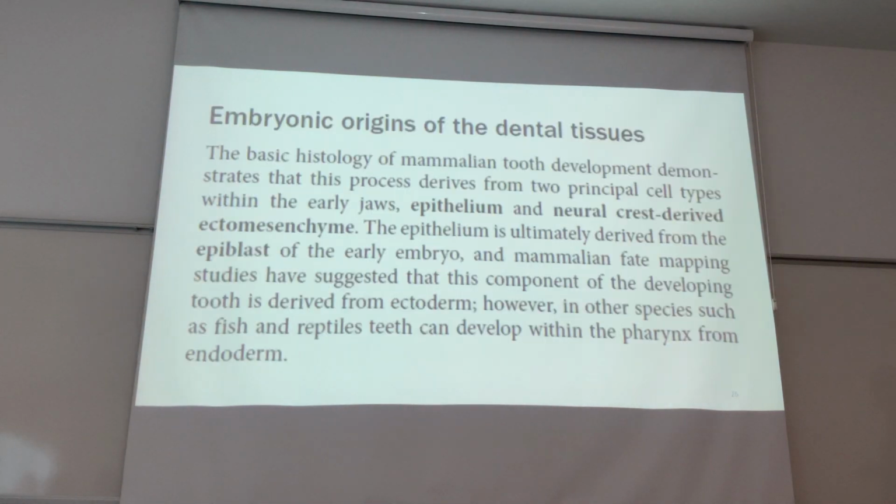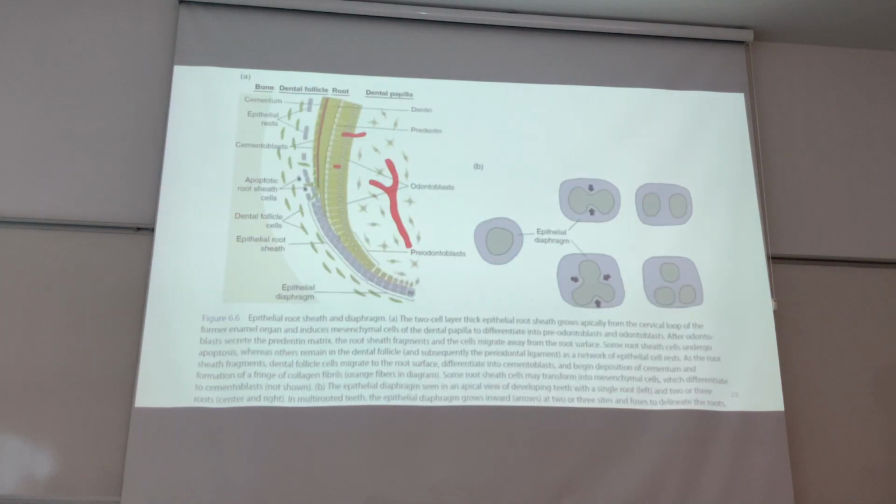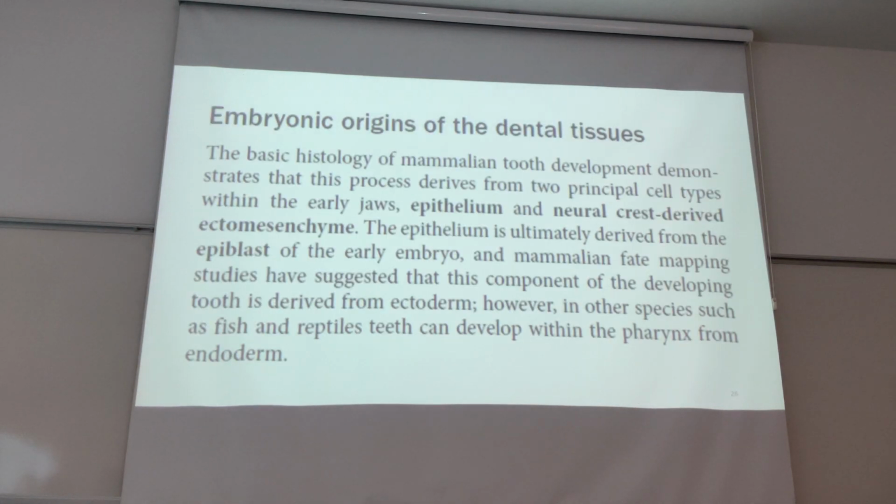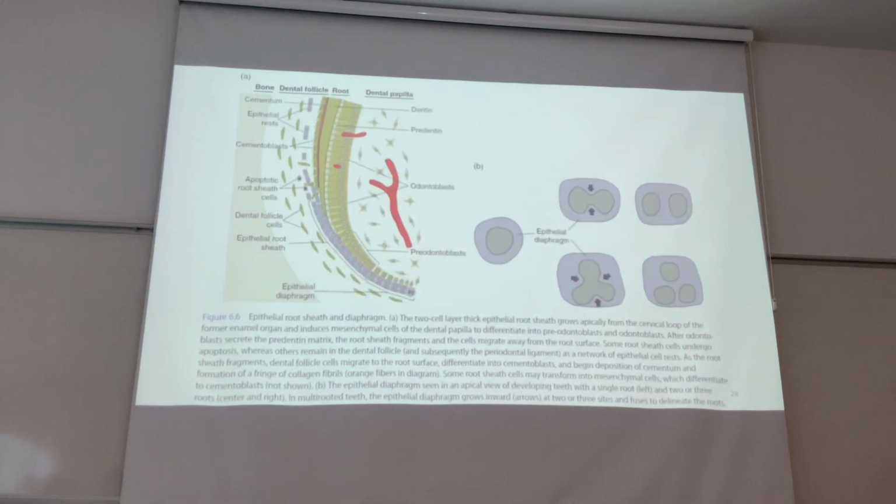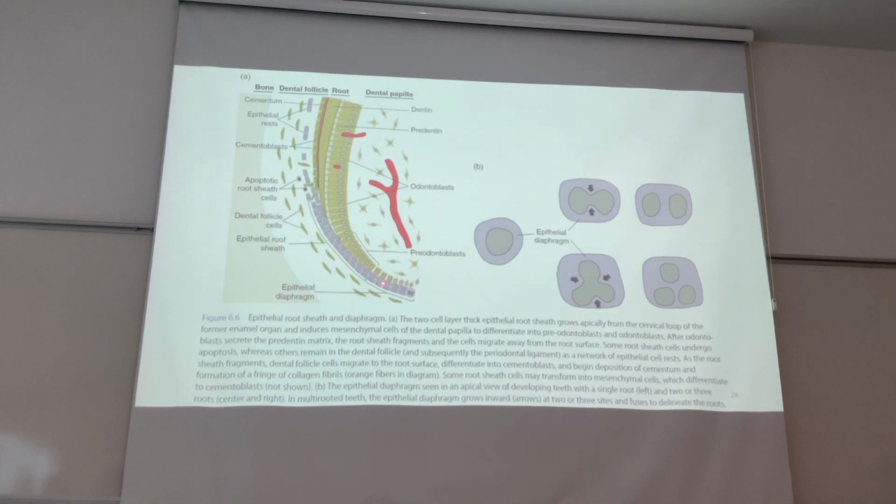After you know the foramen, the apical foramen, look at here. Here we have a good example. The epithelium goes to close each other in different sides. For example, in only one root, we have one apical foramen in the middle side, and in the peripheral part we have this epithelium.